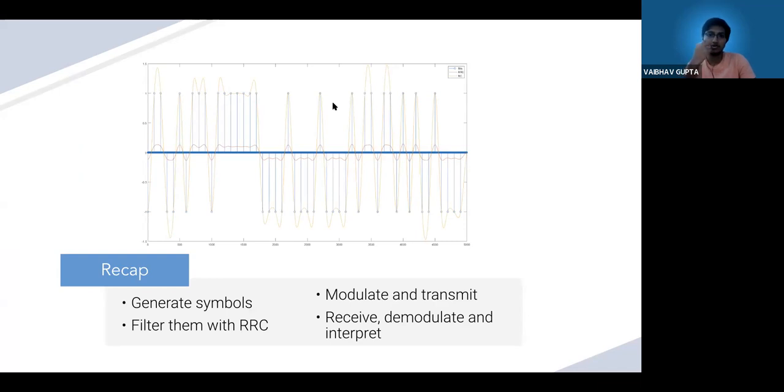We talked about how you can then filter them with the root raised cosine, which is something we developed to get around intersymbol interference using the Nyquist criteria. You modulate them onto your transmission frequency and transmit, you receive, you demodulate, and then you interpret. All of this has been detailed in the assignment with some additional text to fill in any gaps that we didn't cover as much in the lecture.